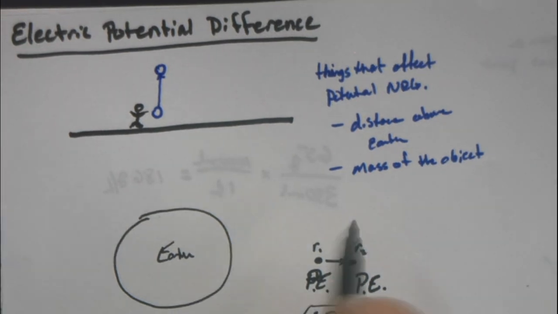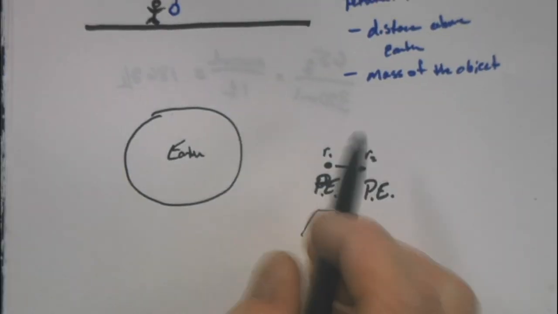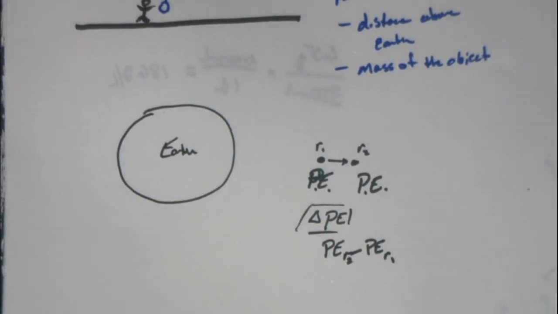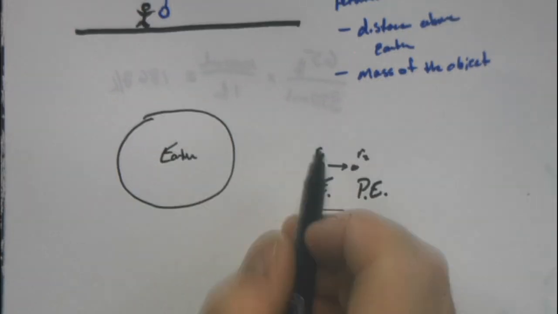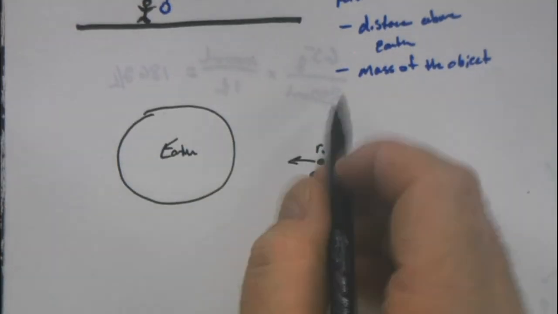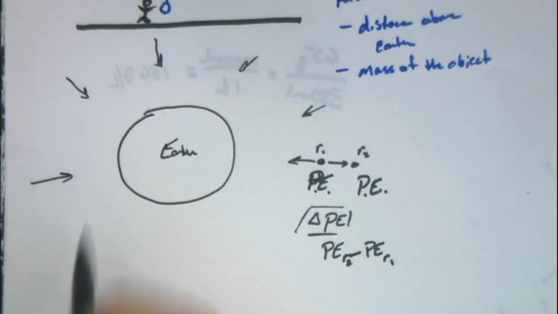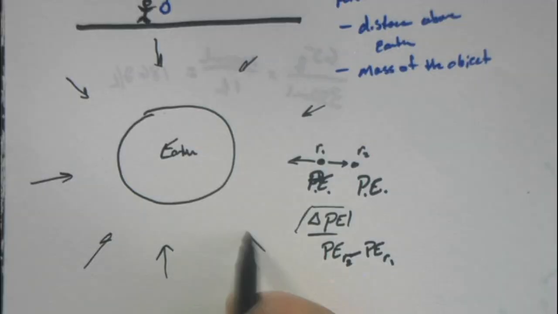The reason this has a change in potential is because Earth has a gravitational field around it. And no matter where we are, it's always pointing towards the center of the Earth.